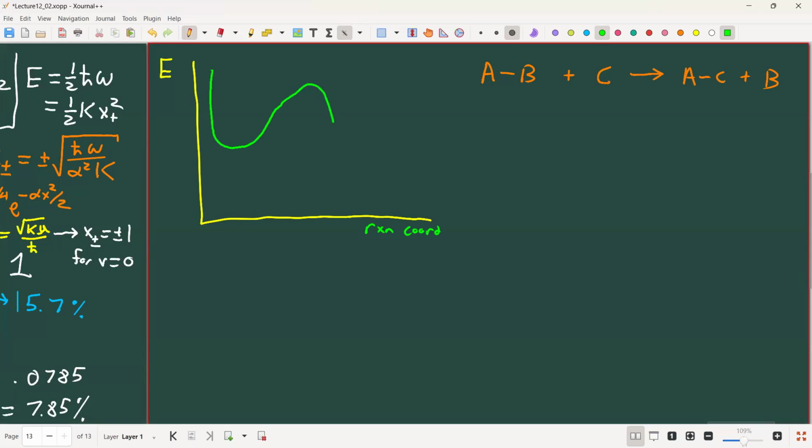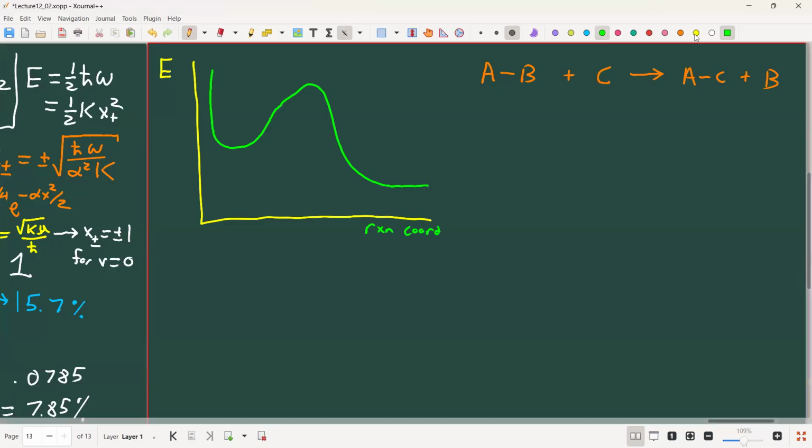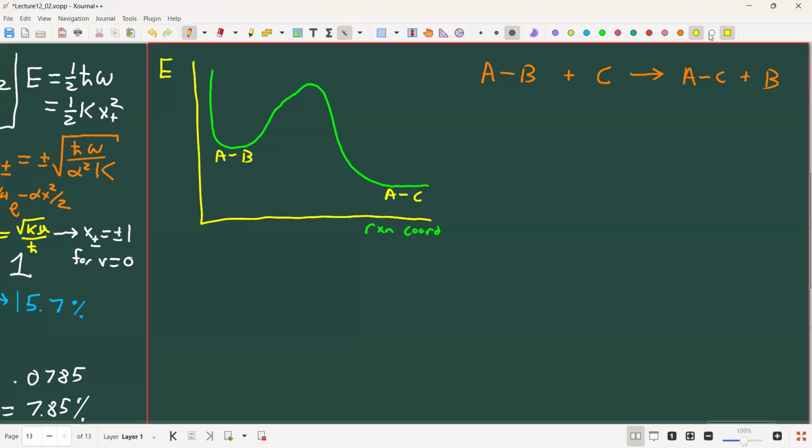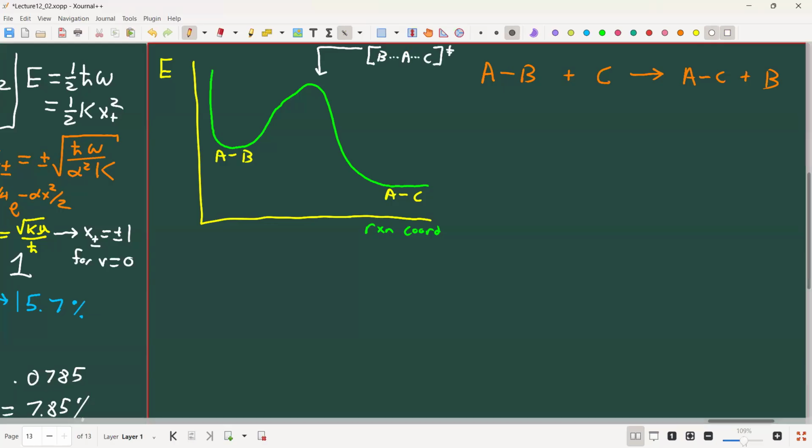Got a barrier, and it's exothermic. So this down here is A and C. This is A and B. And then we have a transition state that looks like B, A, C, right there. Okay, simple substitution reaction, exothermic over there.